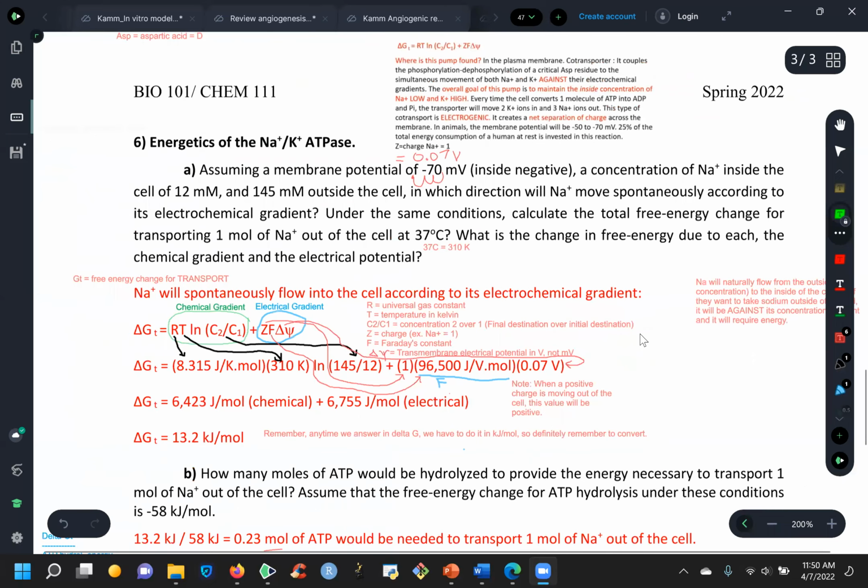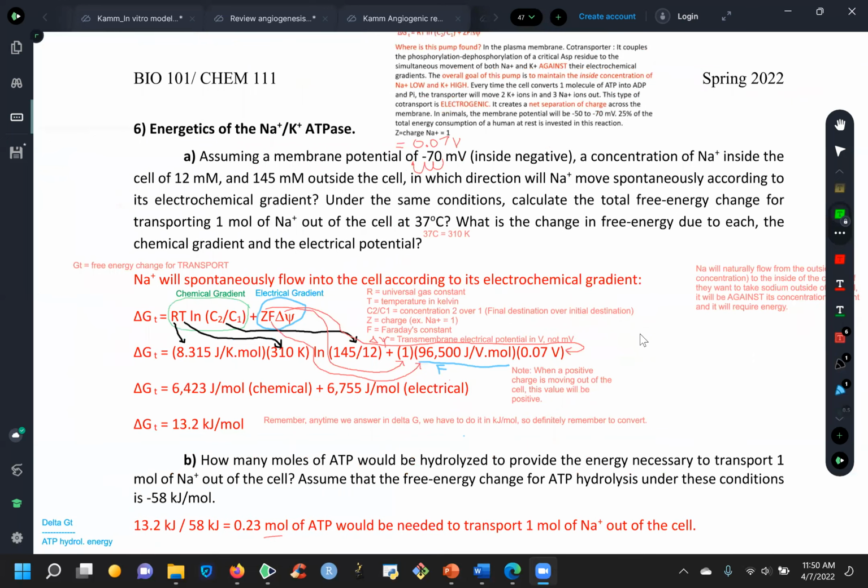Okay, so this is the hardest part for students. Delta GT is the free energy of transport, because here we're talking about transporting molecules across the membrane.